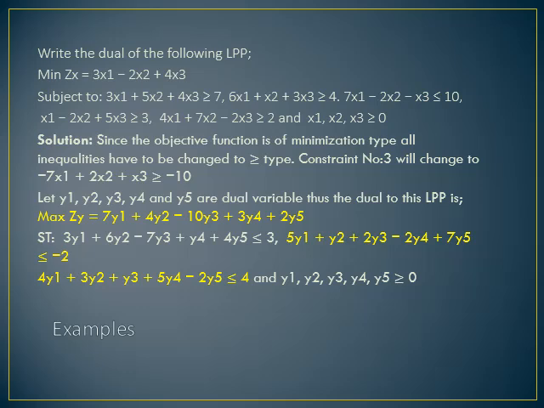Now, what is the expectation? Of course, minimization should be converted into maximization, given the coefficient of the dual must contain 7, 4, -10, 3 and 2.